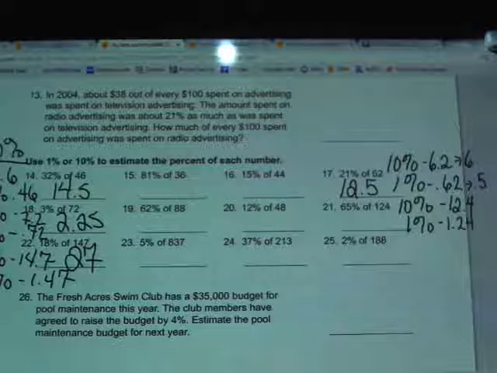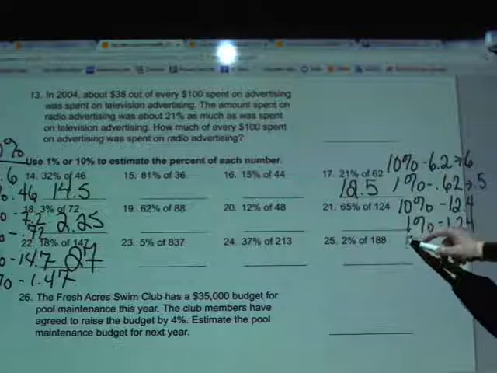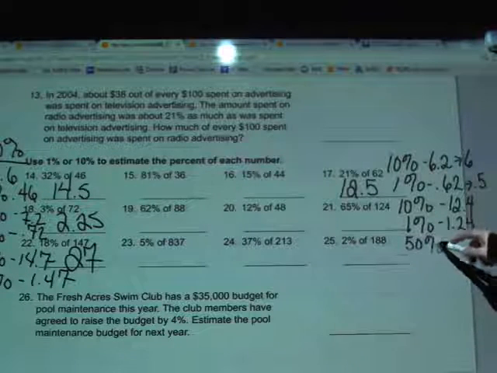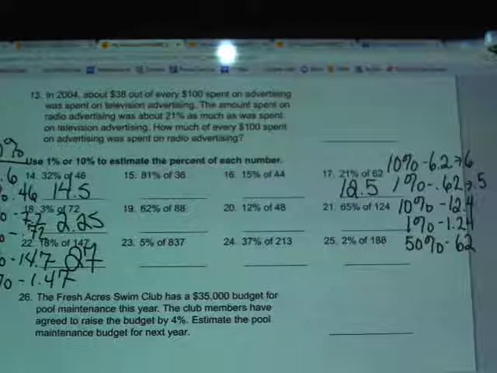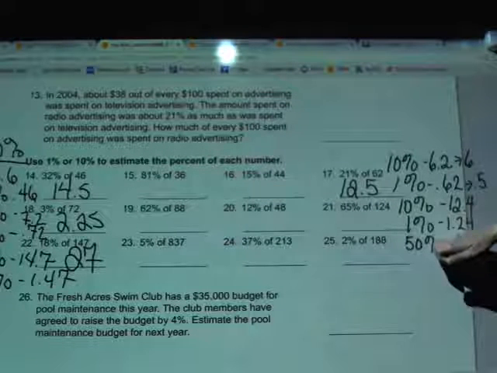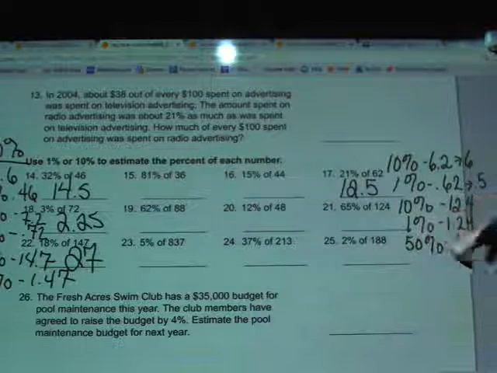Because that's going to get me a lot closer to 65% very quickly. Even though the directions don't say that, it's okay. 50% is just half of what you've got. So half of 124. Well, half of 124 is 62. And that's going to help me because now I'm going to do 50% and 10% and then 1% 5 times.